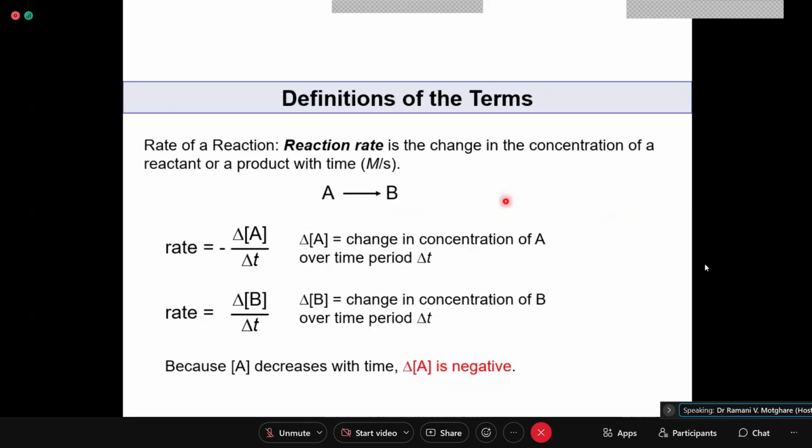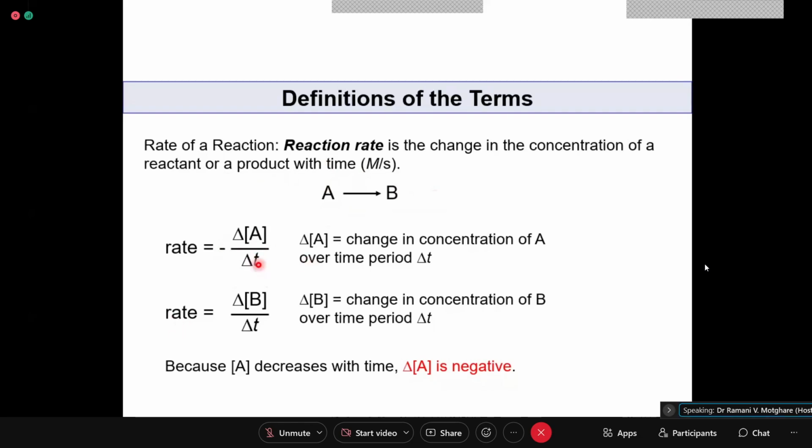Definitions of the terms. Rate of reaction. Reaction rate is the change in the concentration of a reactant or a product with time. So A is your reactant converting to B product. Because the concentration of the reactant is decreasing, there is a negative sign. So rate is equal to minus change in the concentration of A with respect to change in time.